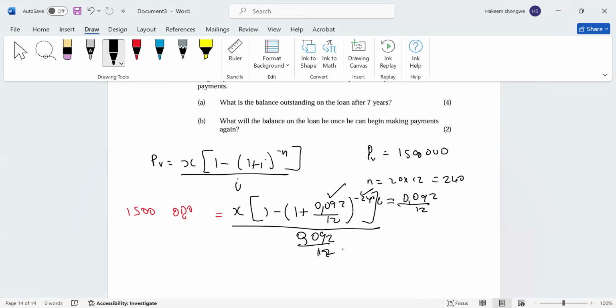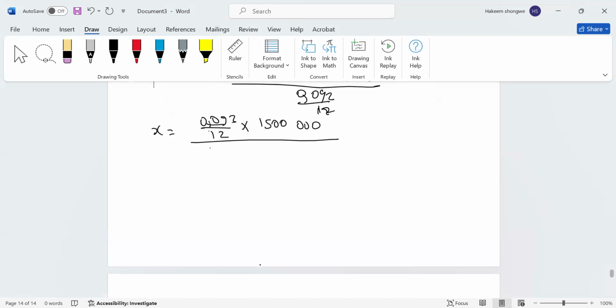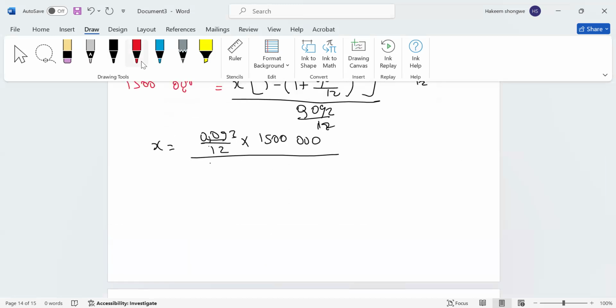Now we're looking for X. To get X, we say X is going to equal 0.092 divided by 12 multiplied by 1,500,000, all over the open bracket, 1 minus (1 plus 0.092 divided by 12) to the power of minus 240.